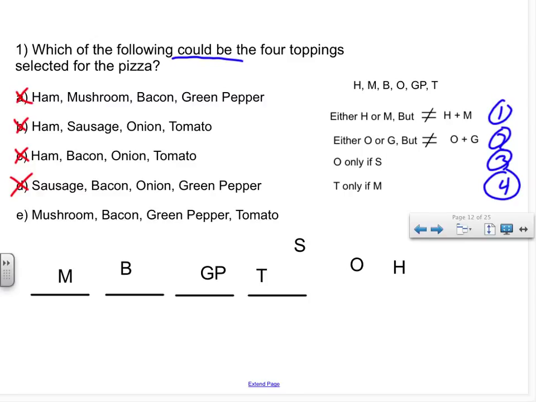I have a feeling this will be the right one because it's our last answer choice. So we've got M, and over here we've got G. O only if S, there's no O, so we're good. And T only if M. We've got a T and our M. So this is the only one that meets all of our conditions without breaking them. And E is the correct response.